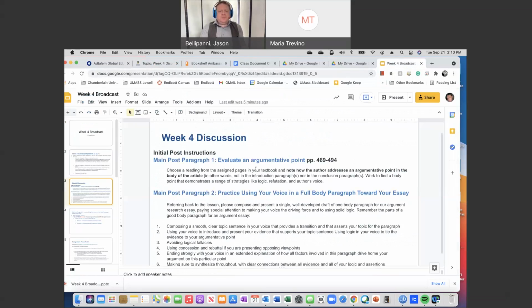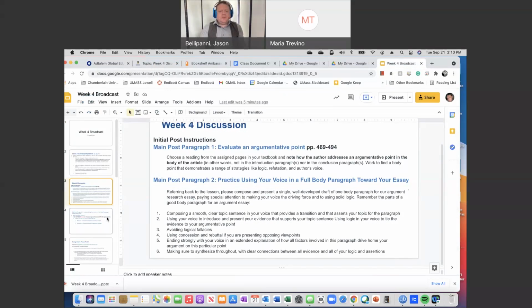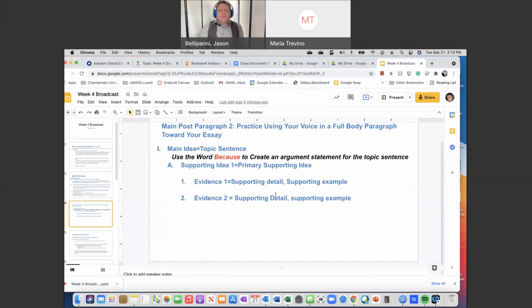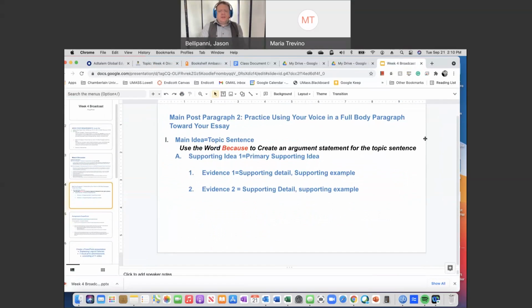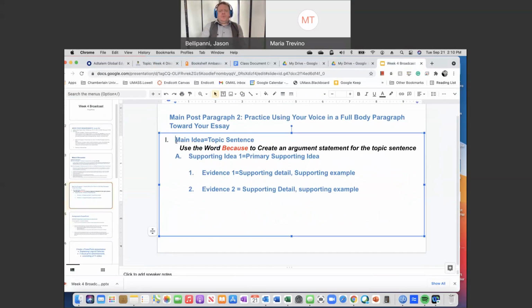Let me show you what I'm talking about. So this is like a little template that I use to explain paragraphs, essentially how they should be put together, body paragraphs especially. So basically, you want a topic sentence that makes an argument statement, right?